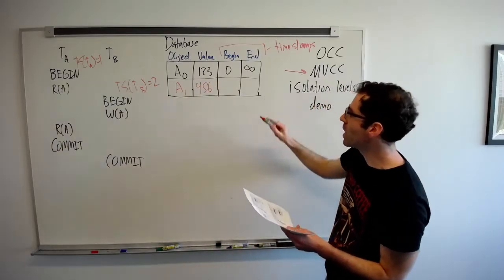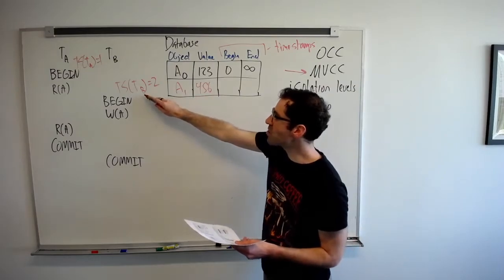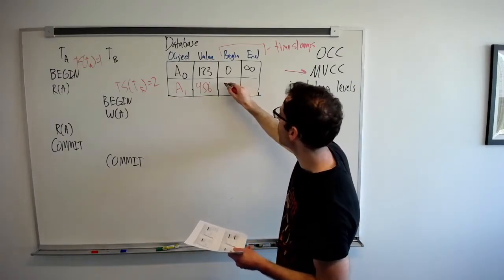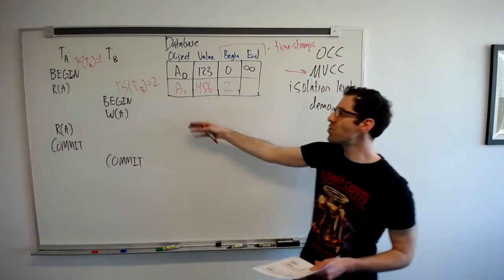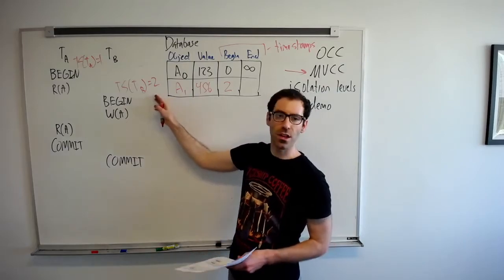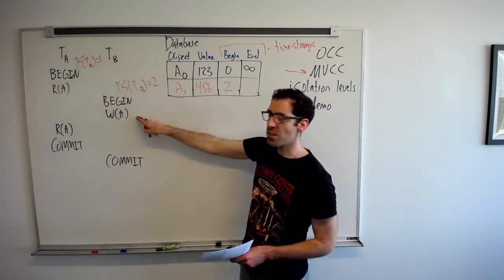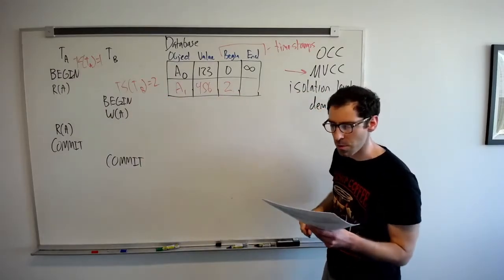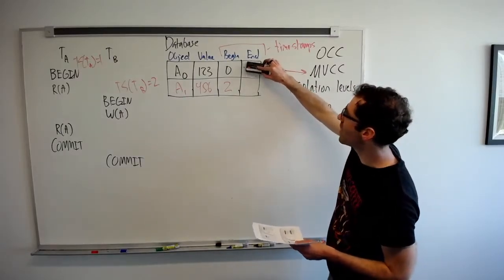And now it updates and this transaction that's writing A is timestamped 2. And so this has a valid from timestamp 2. But any transaction that has an older timestamp will not get to see this version, because it's only valid starting at timestamp 2.